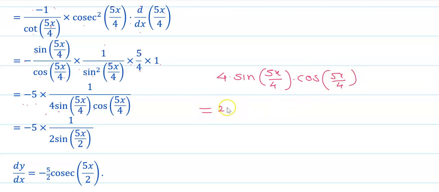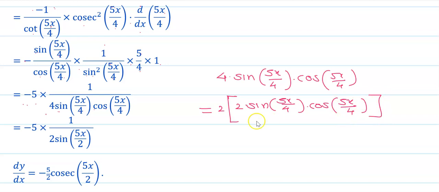This can be written as 2 in bracket, 2 sin of 5x/4 into cos of 5x/4. Okay, and this is nothing but 2 times sin of 2 into 5x/4. Then you will get 5x/2. Okay, and this is the 2 sin of 5x/2.